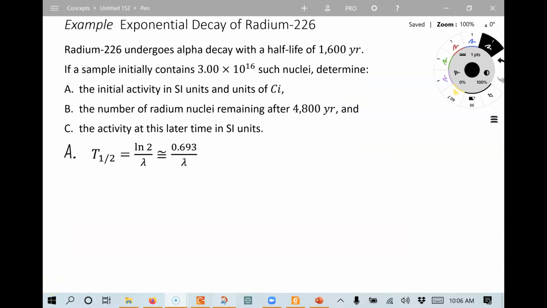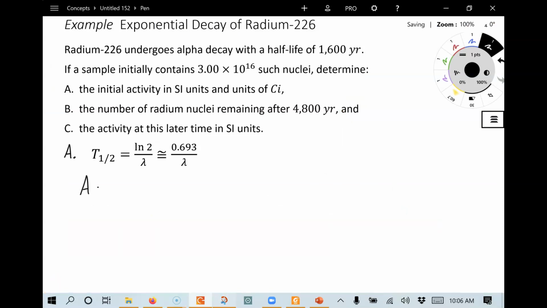And we saw that the activity at any given time is equal to the decay constant lambda times the number of radioactive nuclei at that time. If we want, we can just solve for lambda in terms of T1/2, since we know what that is, and that's going to be equal to ln 2 divided by T1/2.